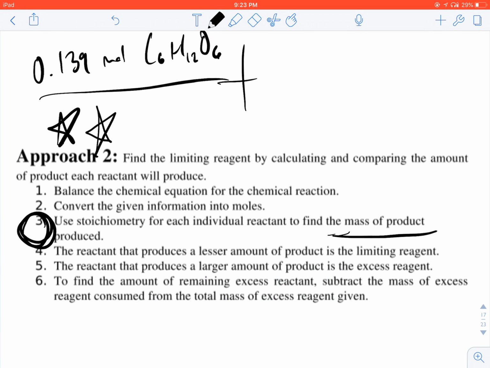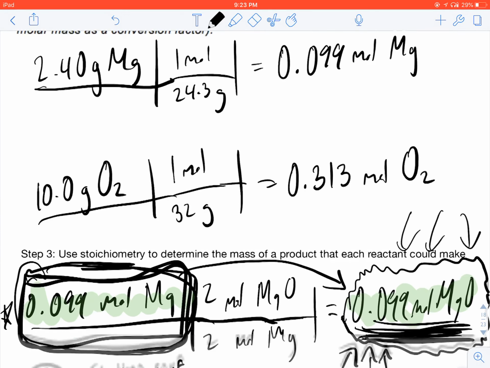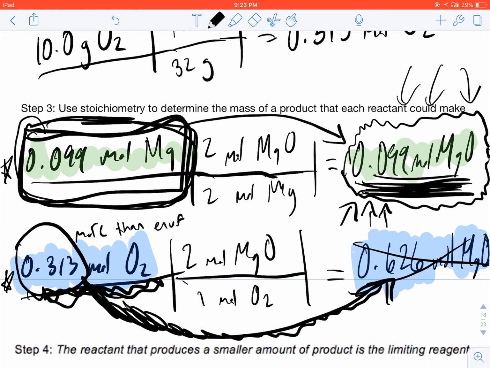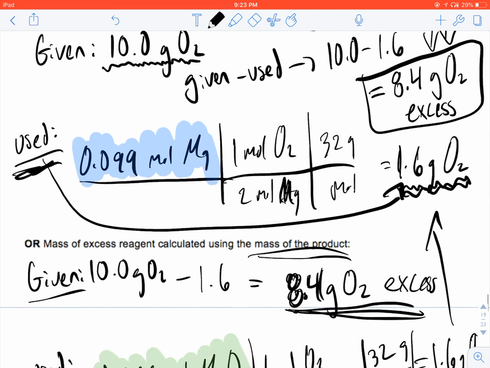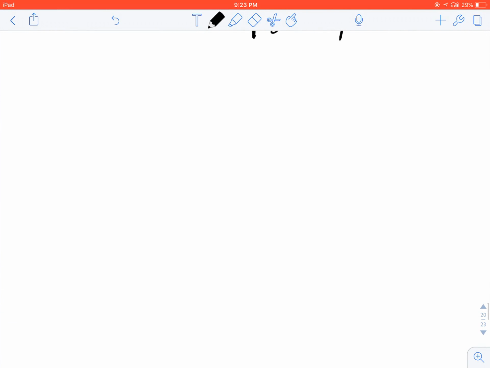So by doing approach 2, we're killing two birds with one stone by determining what our limiting reactant is and also finding the amount of product made. So look for that next video. I'm sure it'll be uploaded pretty soon after this one.